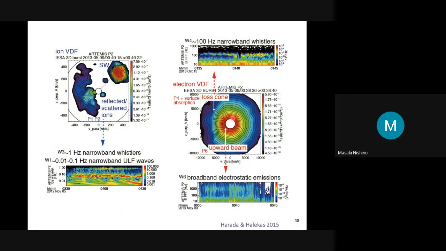And these are electrons. The electron loss cone generates some narrowband whistler waves, and the beam component generates broadband electrostatic emissions, as shown here. This is also mentioned in Harada-san and Jasper Halekas's review paper.